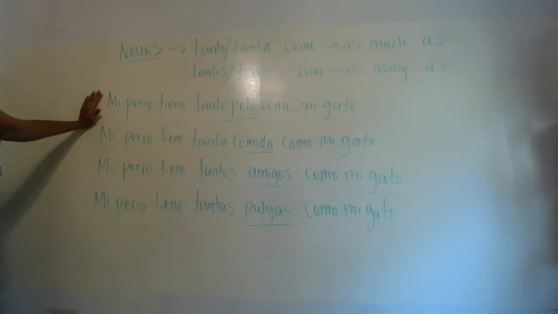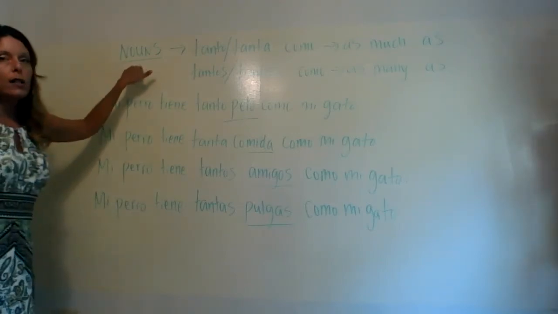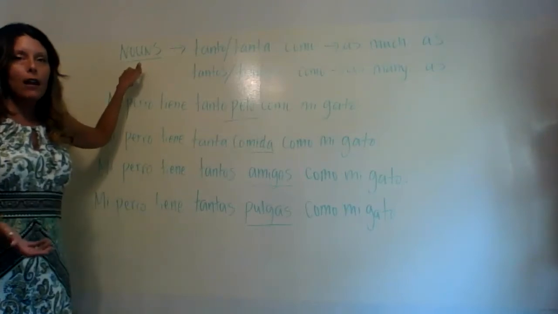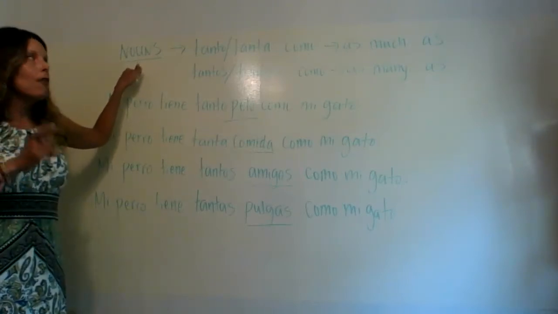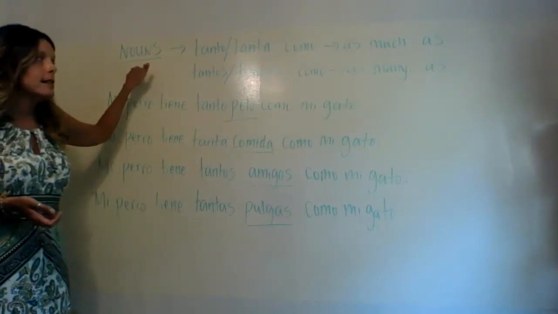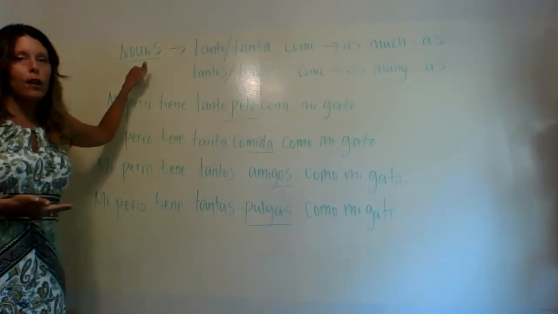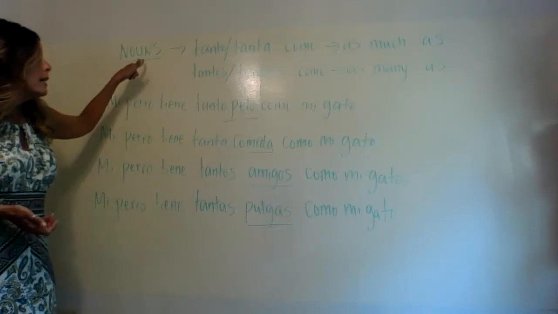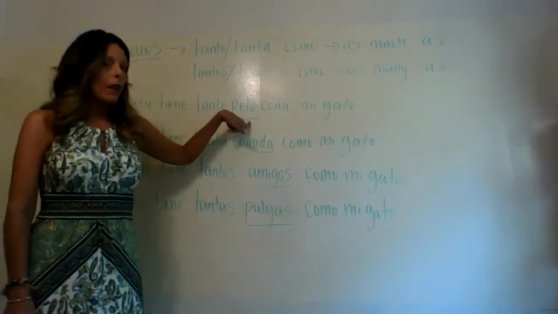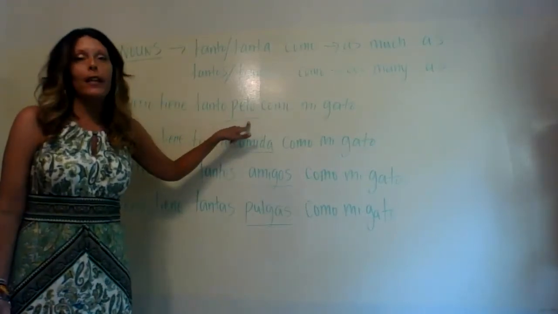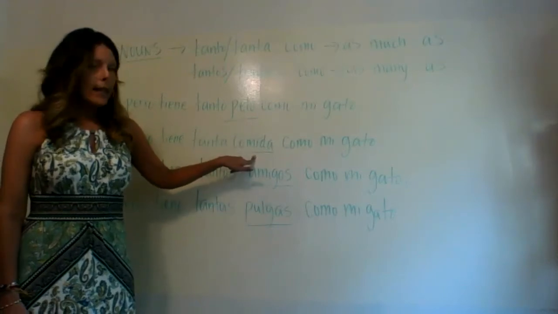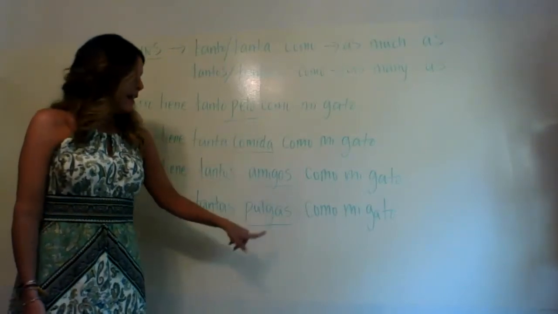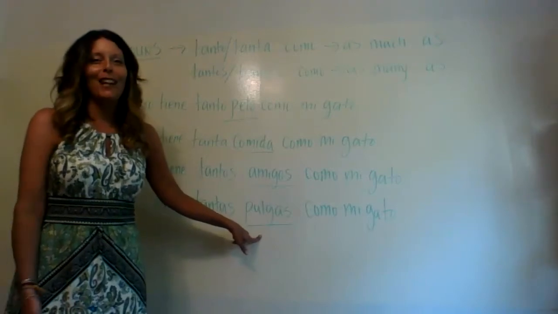The only thing that I have changed in this sentence is the noun, since I want you guys to see how the noun itself affects the sentence or any other component of the sentence. When you look up on the board, the things that are underlined in the sentence are the nouns. So the nouns in this sentence are pelo, meaning hair, comida meaning food, amigos, friends, and pulgas meaning fleas.